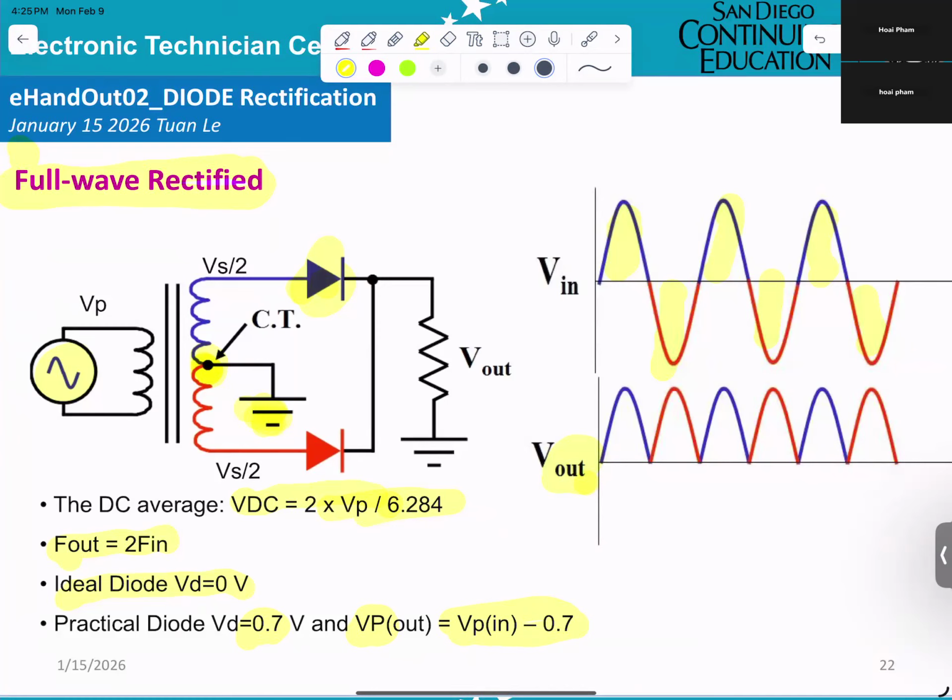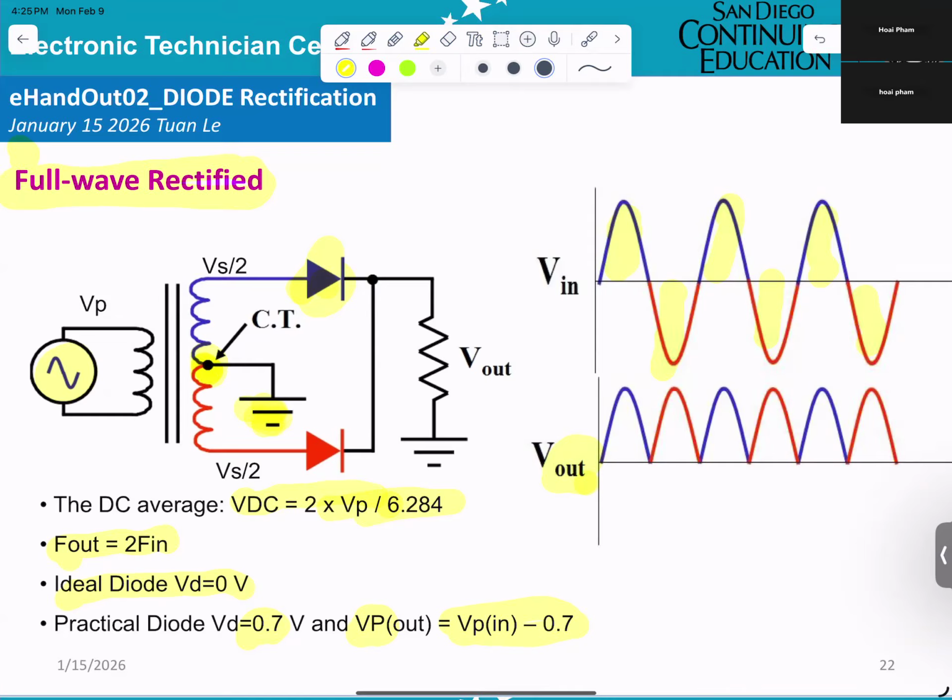Basically on this kind of circuitry, I will be working with you in MultiSim 7. MultiSim 7 is real: we can use the meter and the oscilloscope to measure.